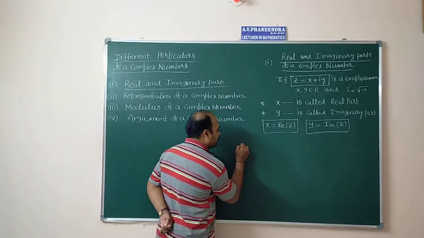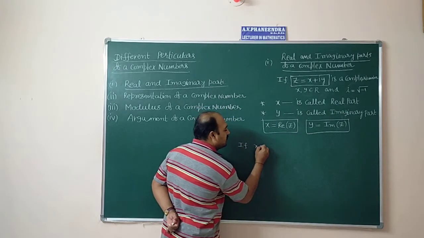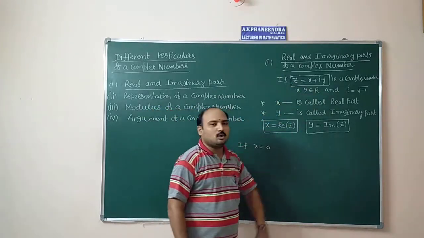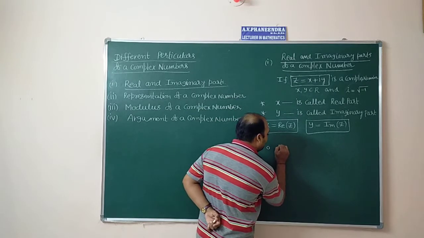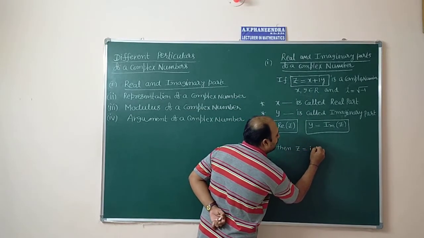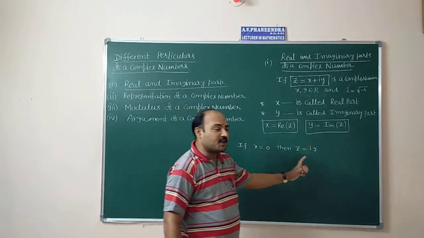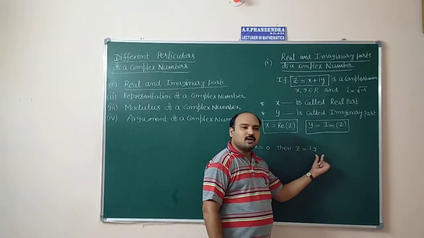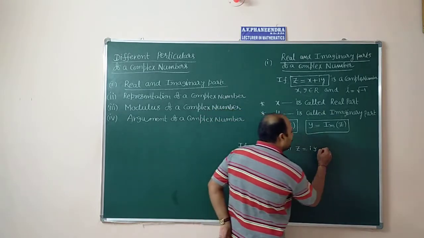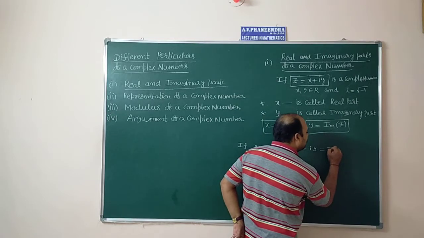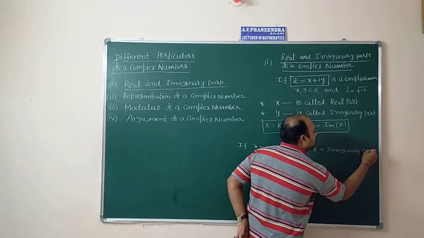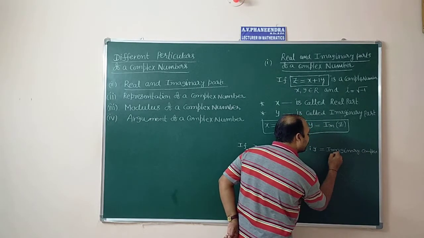If x is equal to 0 in this complex number, then z will become what? iy. i represents imaginary. So the complex number z will become an imaginary number.